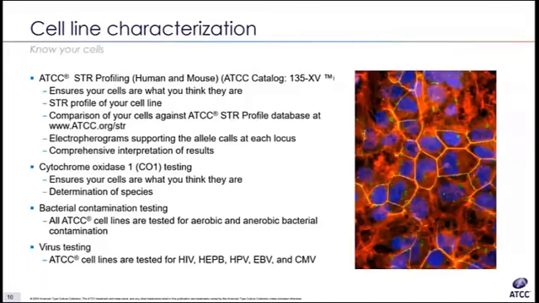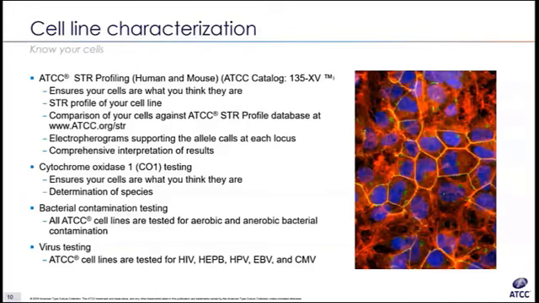So to start, you absolutely need to know your cells. This means knowing that your cells are what they purport to be and whether or not they harbor bacteria or viruses. For human and mouse cell lines, identity of the individual cell line can be confirmed through short tandem repeat testing.